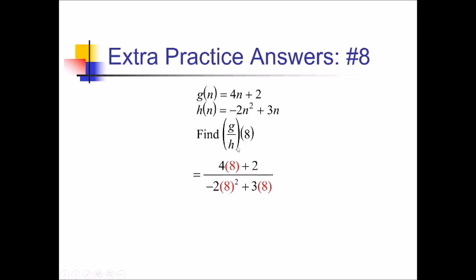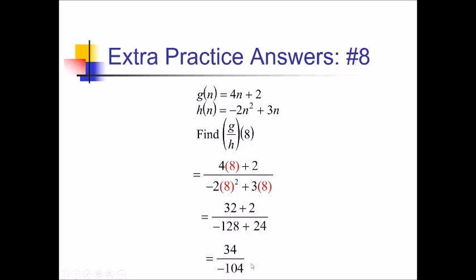In the numerator, this is going to be 32 plus 2. In the denominator, we've got 8 squared is 64 times negative 2 is negative 128. And then 3 times 8 is 24. I'll be adding that. Going a little bit further here, 32 plus 2 is 34. Negative 128 plus 24 is negative 104. So I have 34 over negative 104.